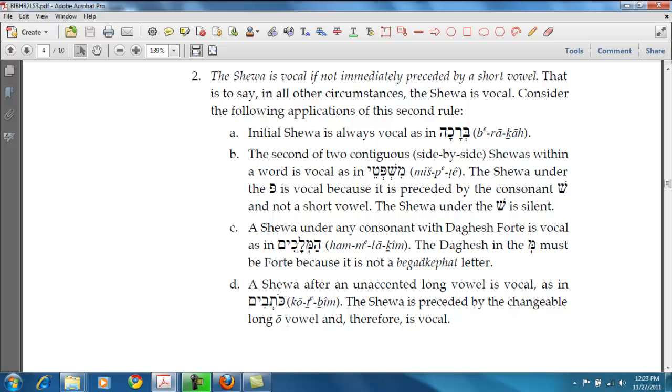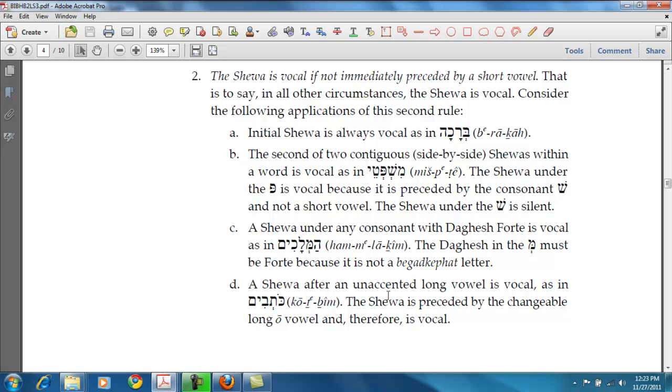It doesn't have the dagesh lene in there because it is following a vowel. It can't follow a vowel if it's the dagesh lene, so it drops out, and you have the chim, hamelachim. So the dagesh in the mem must be a forte because it's not a begadkefat letter.